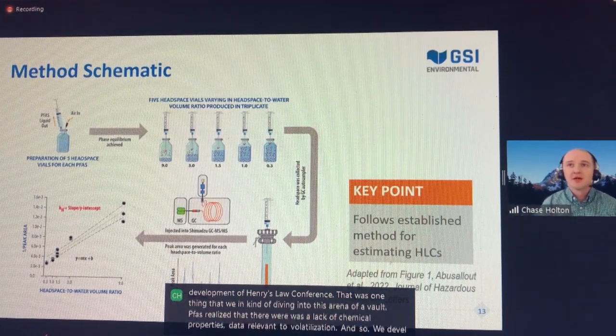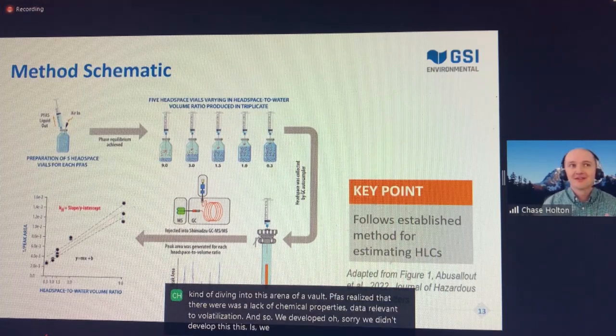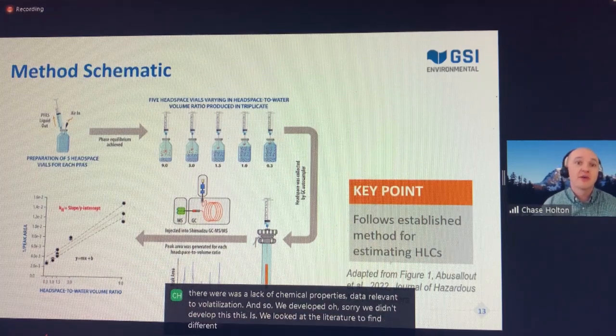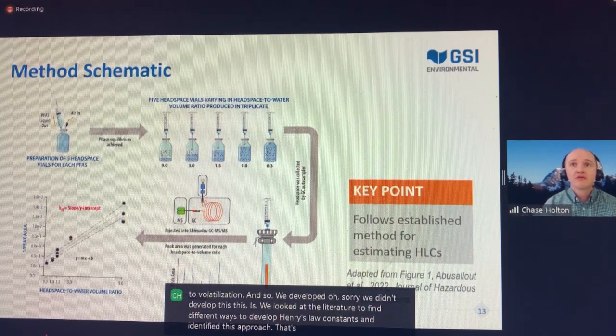We didn't develop this method ourselves. We looked at the literature to find different ways to develop Henry's Law constants and identified this approach that's fairly robust.